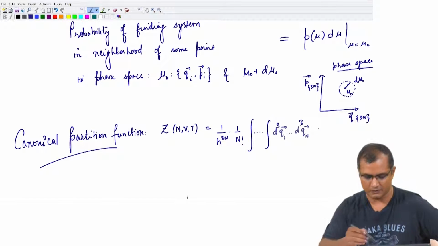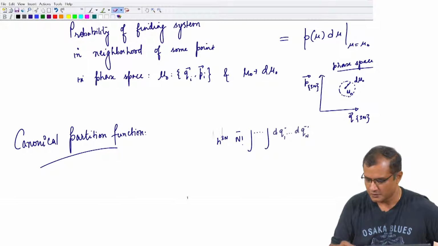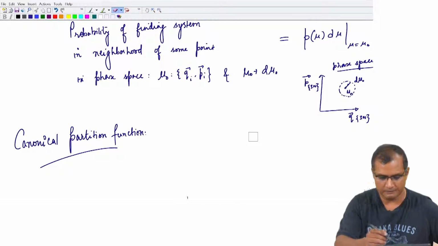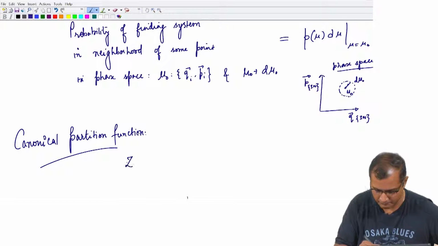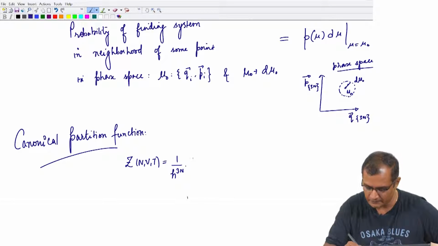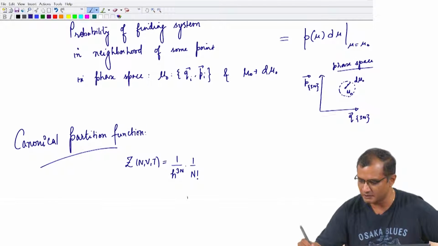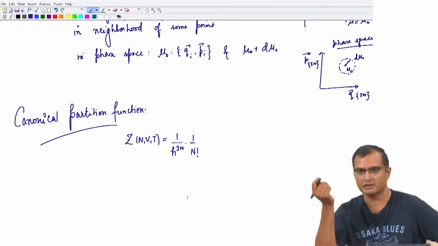So, I will use the space down below to write it down. This is the cell volume h to the power 3n. The n factorial here reminds us that we are looking at a case of ideal gas where particles are all identical.